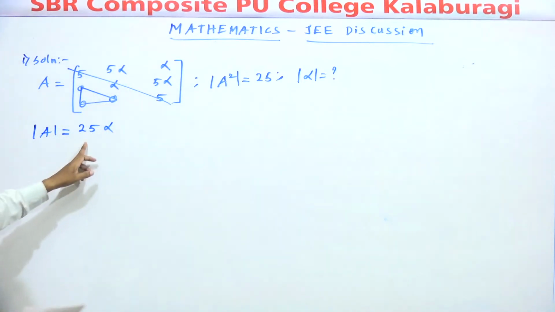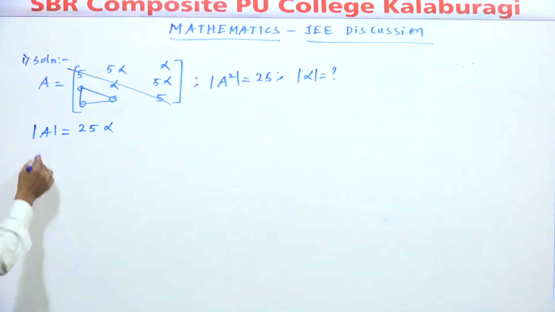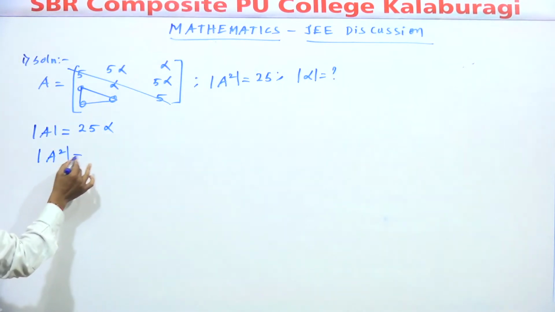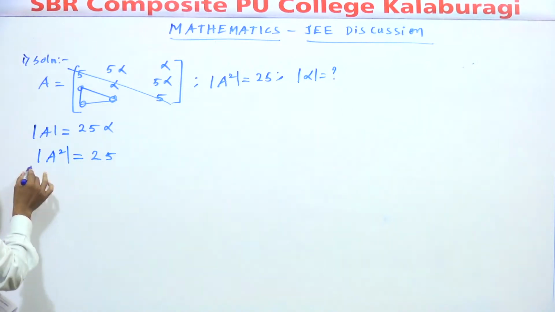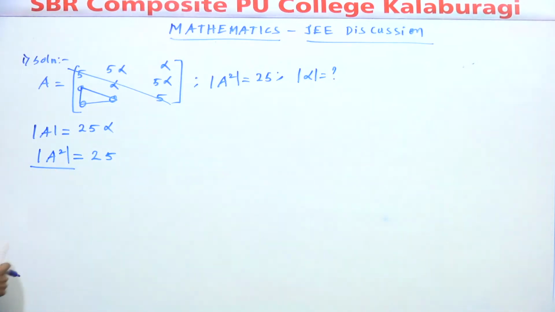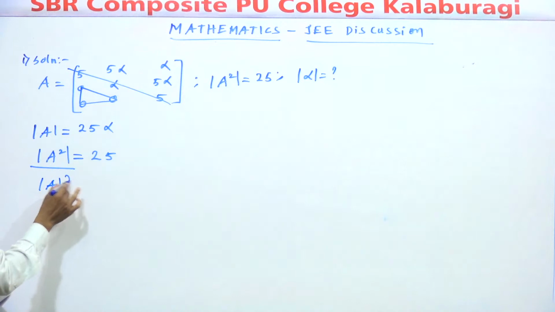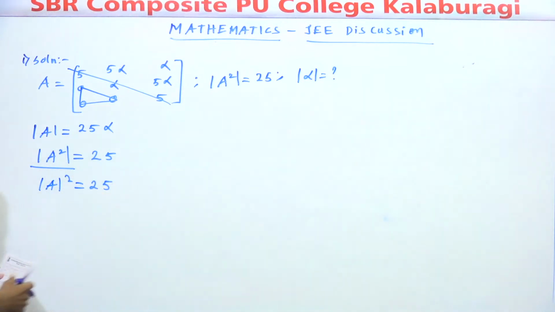So determinant of A equal to 25 alpha. But he has given that the determinant of A square is equal to 25. A square determinant is the same as determinant of A, whole square.